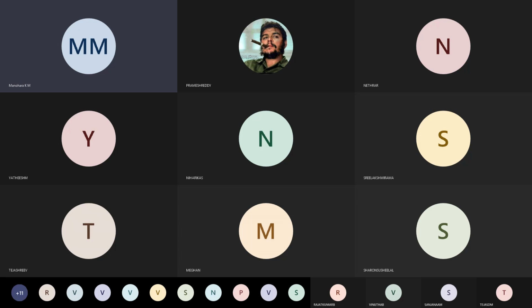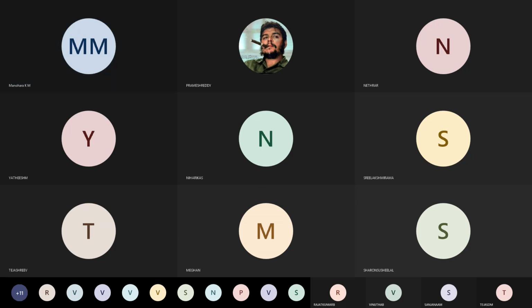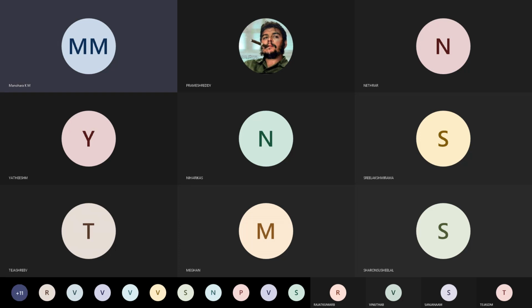So here we will only consider the path loss, and we will assume that 10 log M plus P naught plus alpha dot PL is less than or equal to P max.